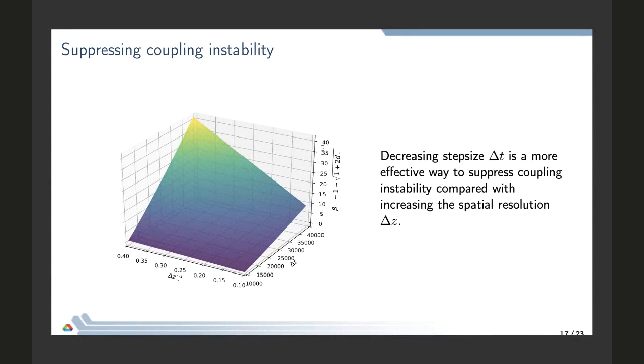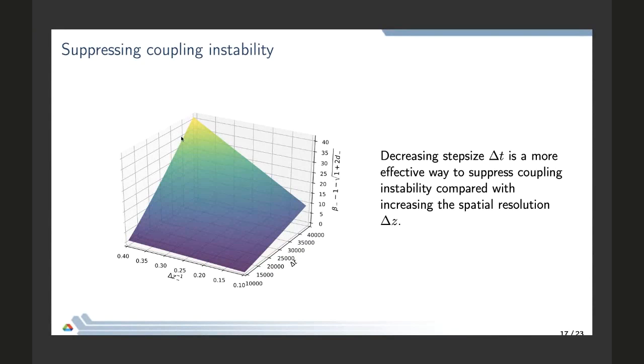Naturally, people may think we can either reduce the step size or increase the grid size. However, if you change the step size, both beta and D will change. So here we plot directly the relation of this residual and the step size delta t and grid size delta z.